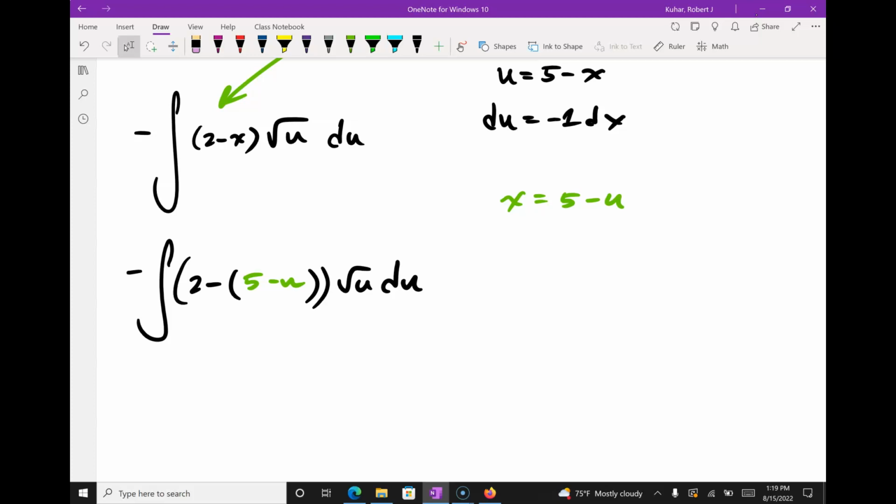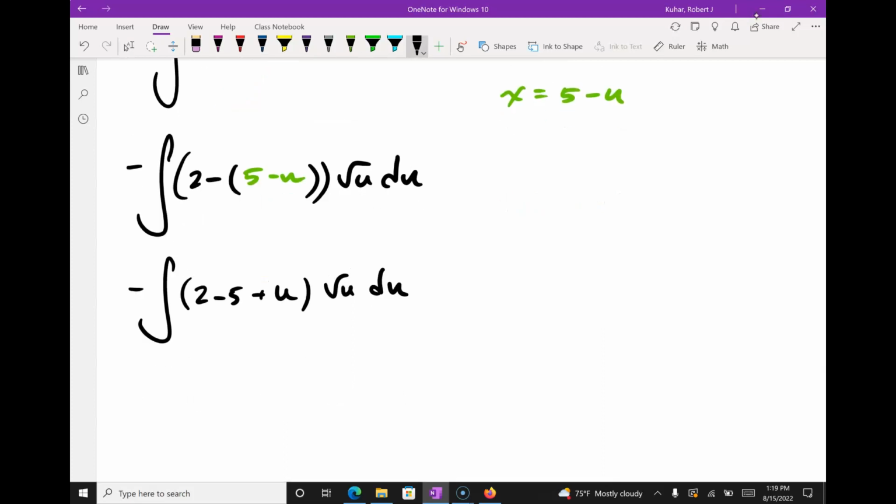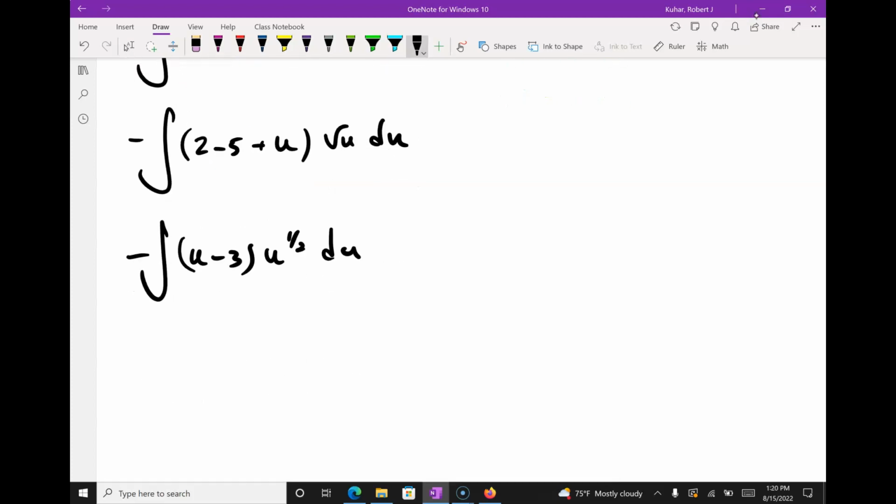That looks like I have 2 minus 5 plus u. So it looks like I have u minus 3 times u to the 1/2. I like that because I know I can distribute and it's a power rule, right?